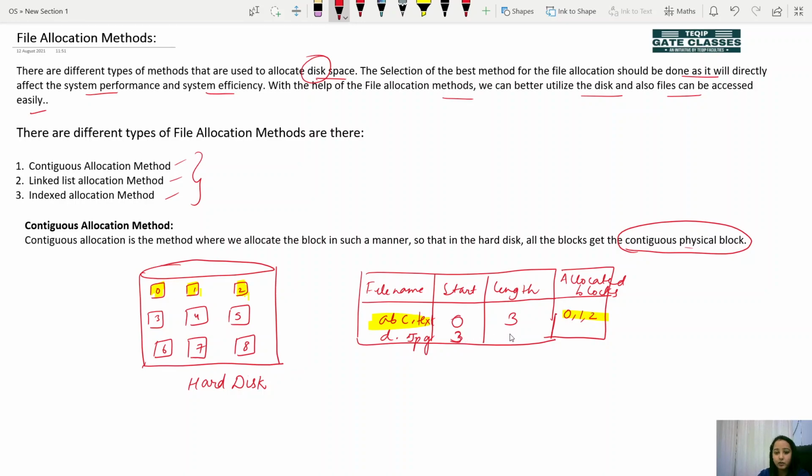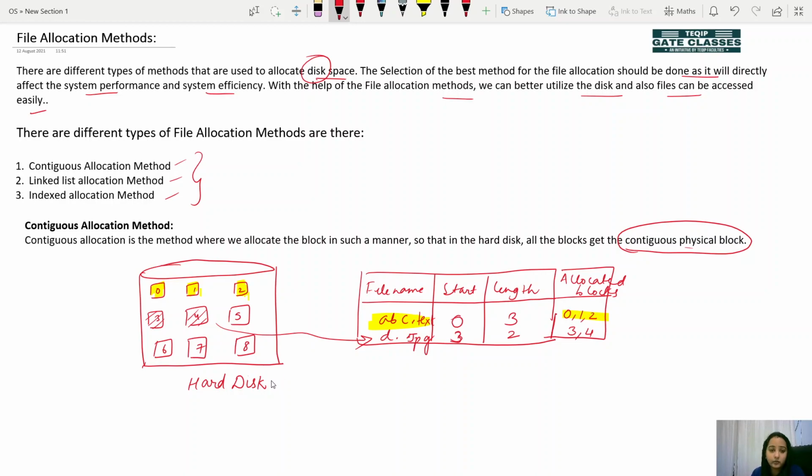Let me take the length as 2. So the allocated blocks will be 3 and 4, in a contiguous manner. So this block and this block are allocated to the file named D. Like this you can allocate different blocks to different files in the hard disk, but that should be in a contiguous manner.